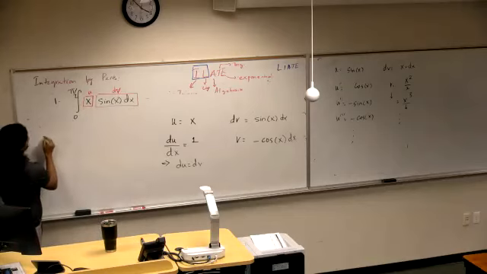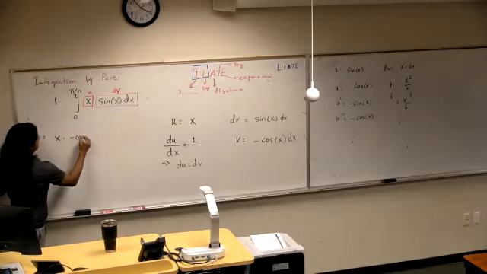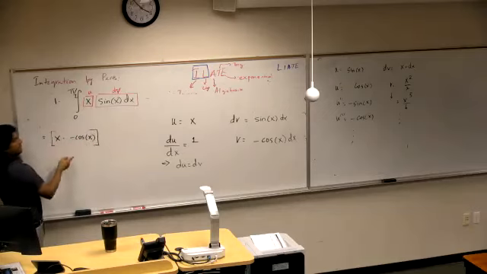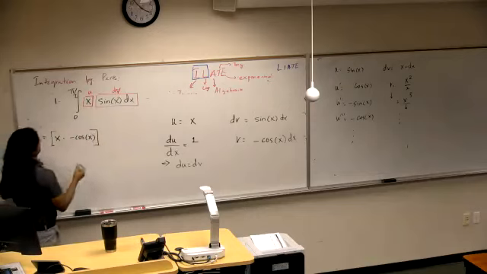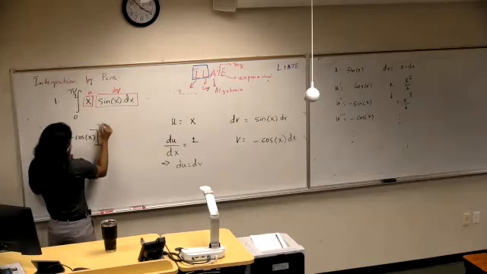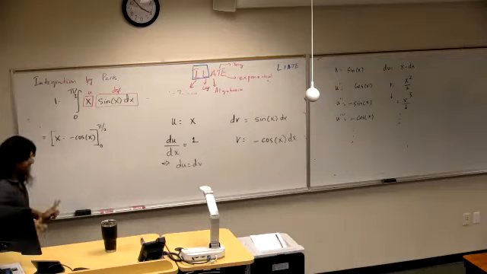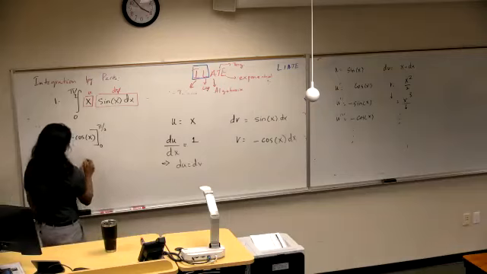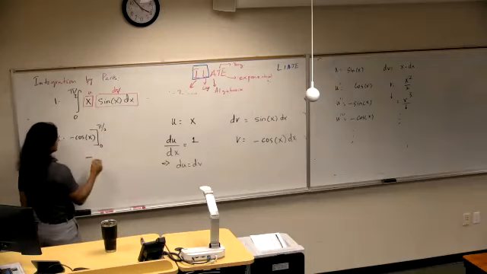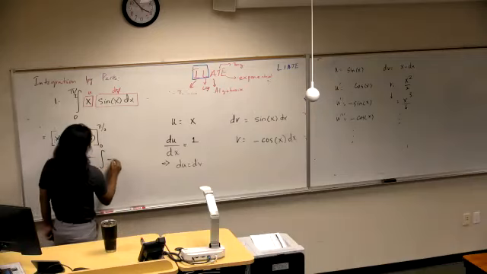Good. u times v, x times negative cosine x. That is the first term, uv. Limit 0 to pi over 2. You've got to apply the limit for the uv part of the solution, minus integral v du.